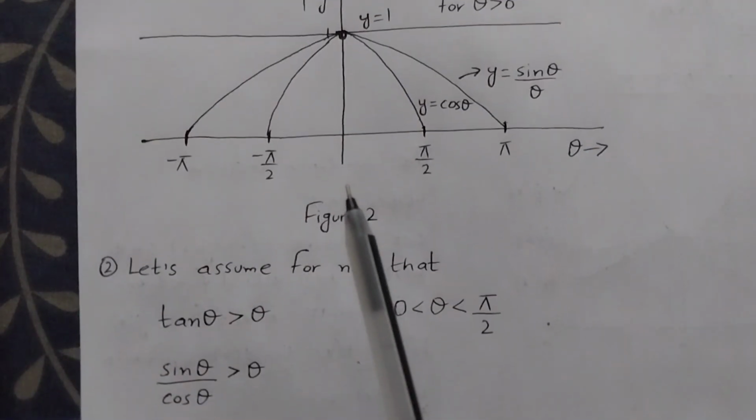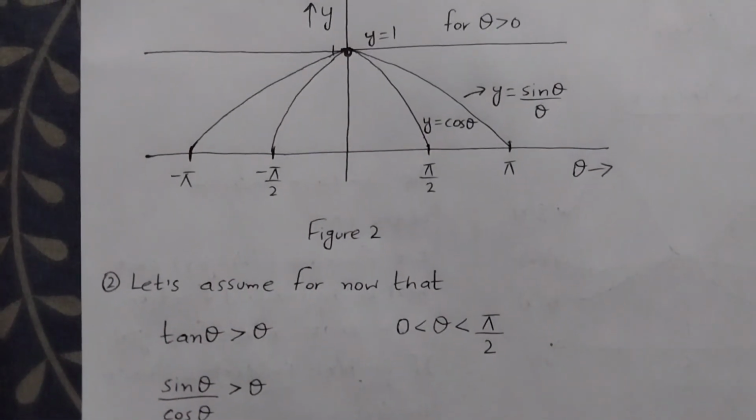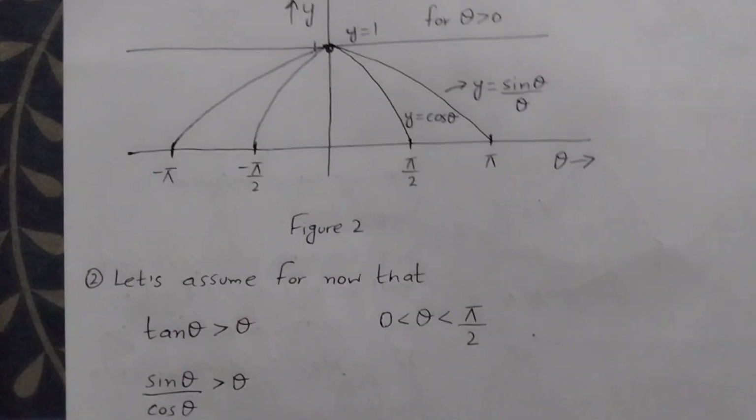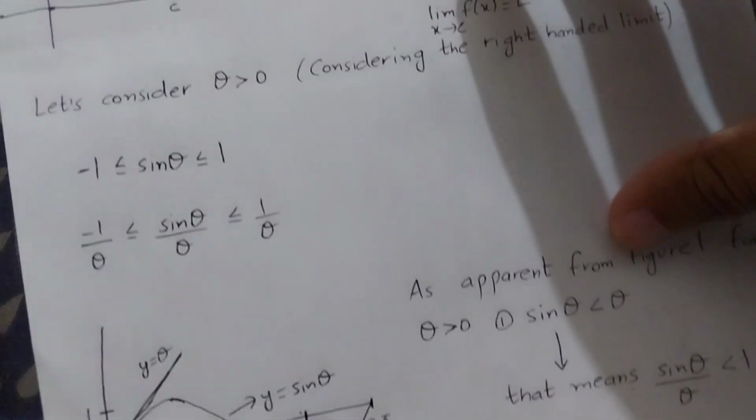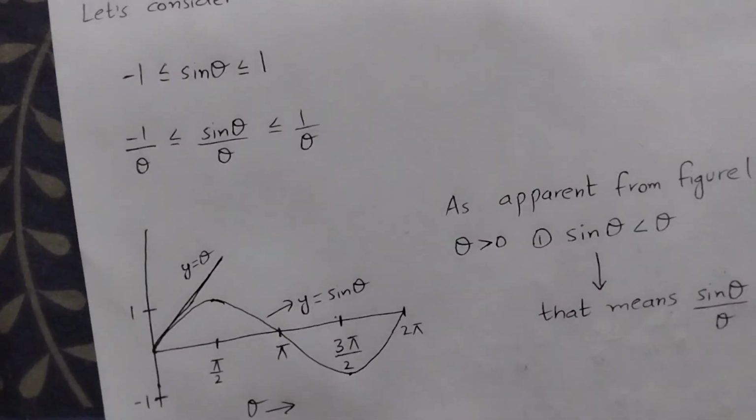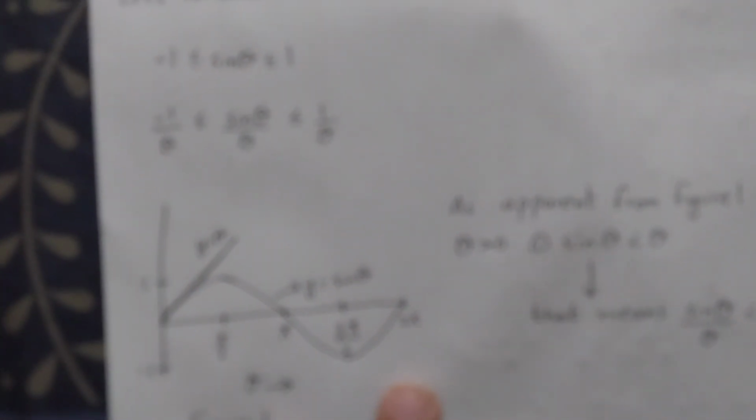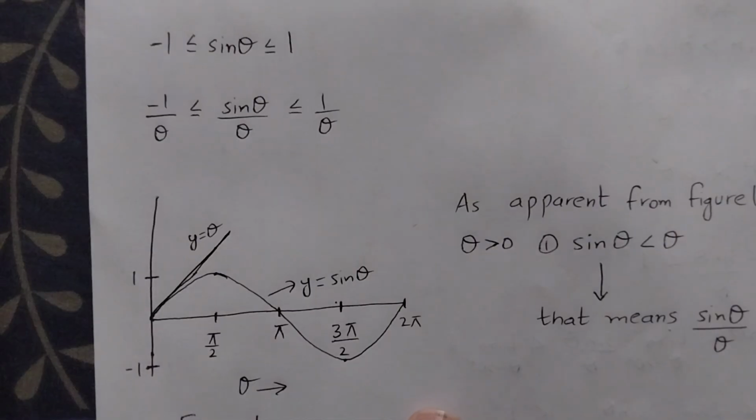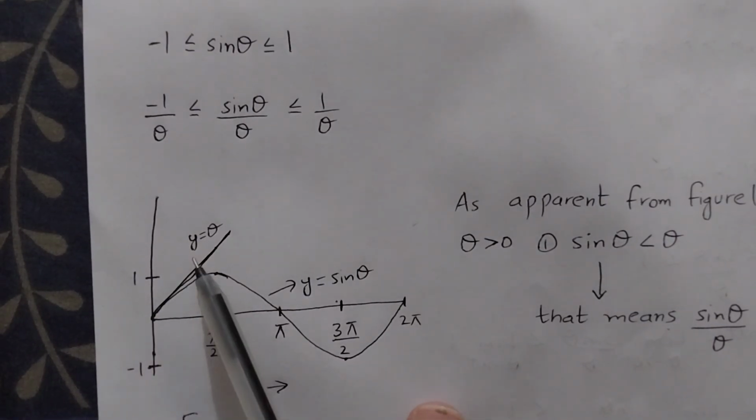The second thing which I want to talk about is that if you look at this diagram, y is equal to theta, what does it tell us? That y is equal to theta.